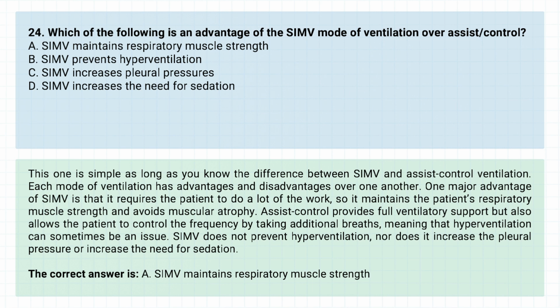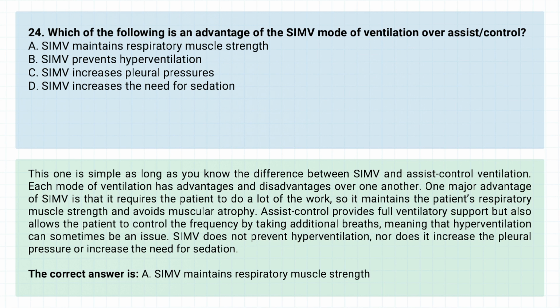This one is simple as long as you know the difference between SIMV and assist control ventilation. Each mode of ventilation has advantages and disadvantages over one another. One major advantage of SIMV is that it requires the patient to do a lot of the work, so it helps to maintain respiratory muscle strength and avoid muscle atrophy.